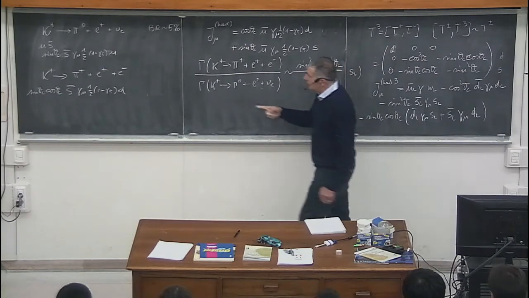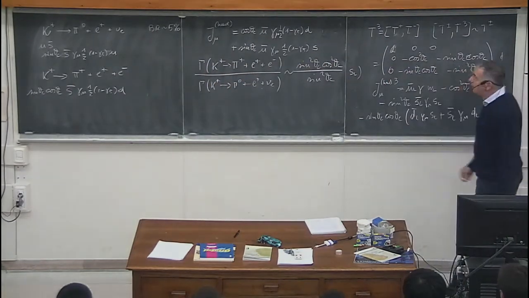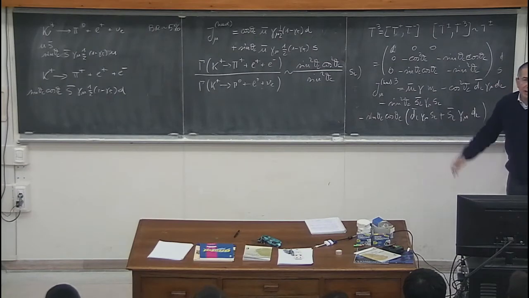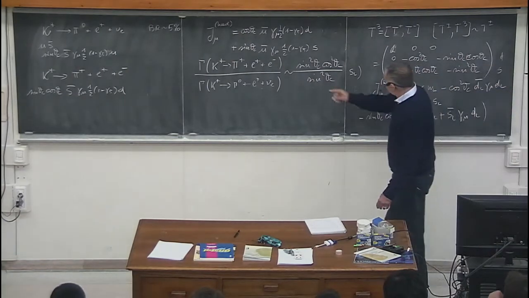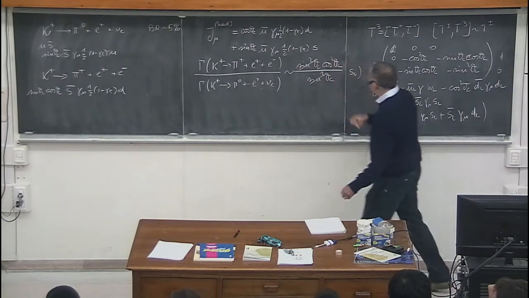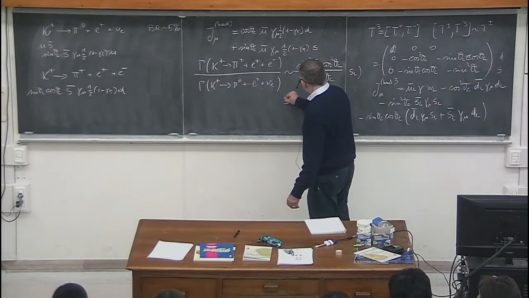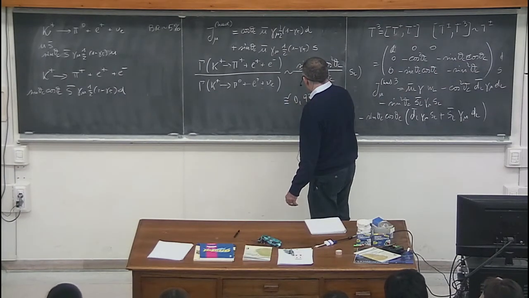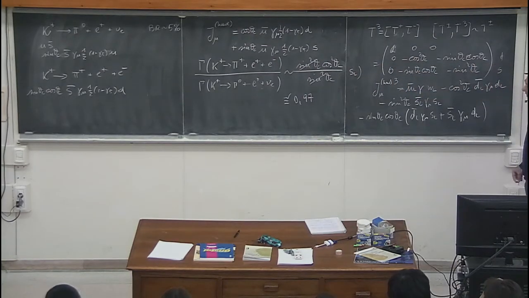The square is because this is the amplitude and the width is proportional to the square of the amplitude. All the rest is essentially the same: phase space factors, matrix elements. So this is what I expect, and since theta Cabibbo is a small angle, this is close to 1.